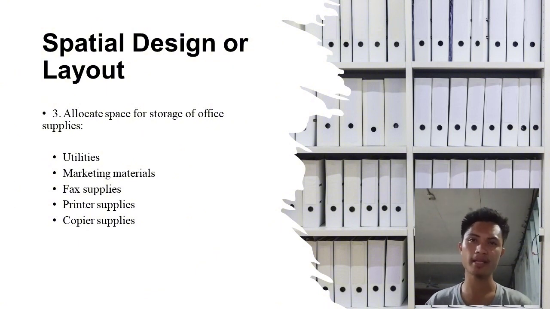The last one is the copier supplies. Store copier supplies such as copier paper, toner cartridges near the copiers to ensure quick and convenient access. When we have a photocopy machine, it needs letter-sized bond papers nearby the machine to ensure the quick and convenient access to create a photocopy.